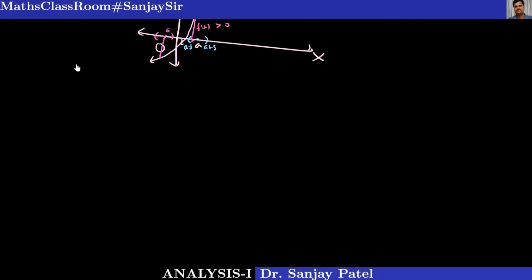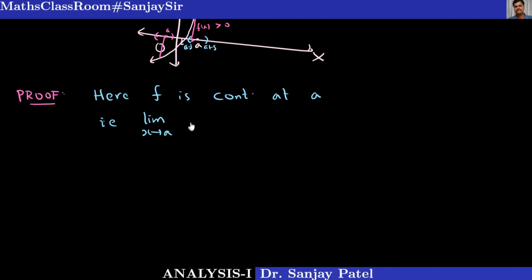So first of all, let me start this way. Here f is continuous at the point a, and that is, the limit of f of x as x tends to a exists, and it is the same as the value of the function f of a.